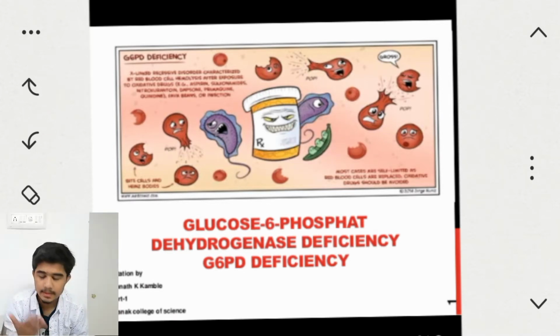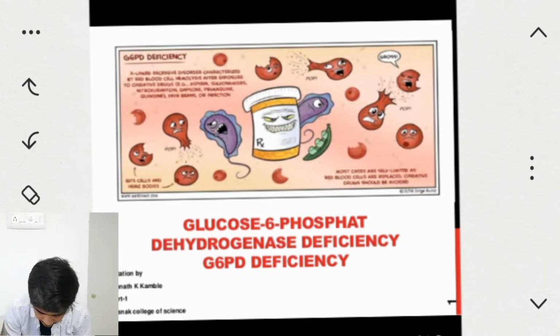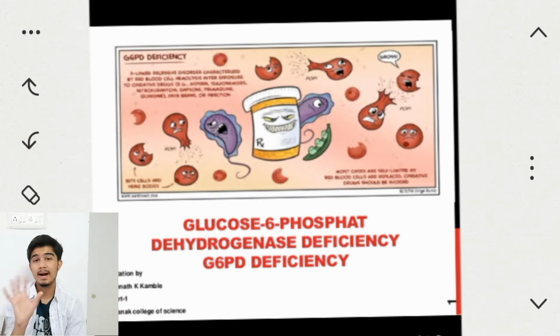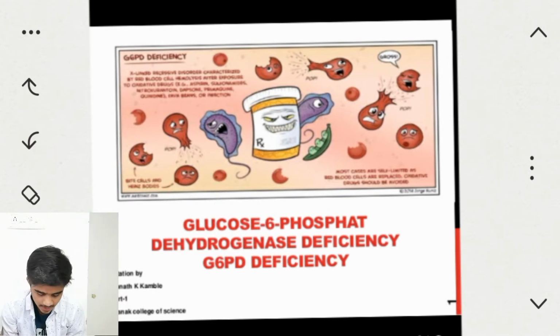So what happens when there is oxidative stress in our body?